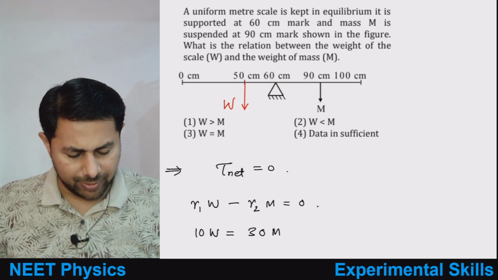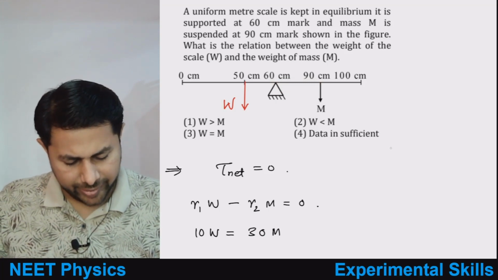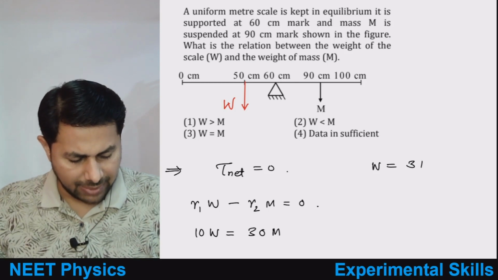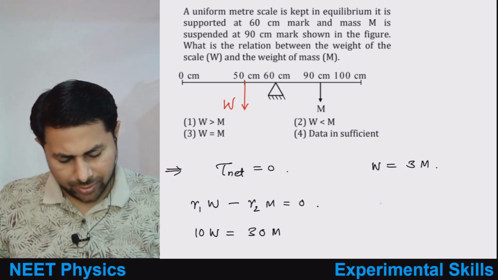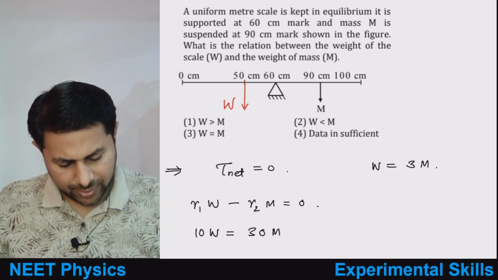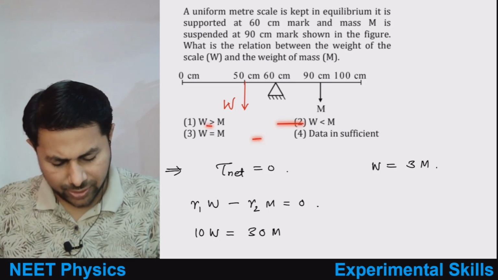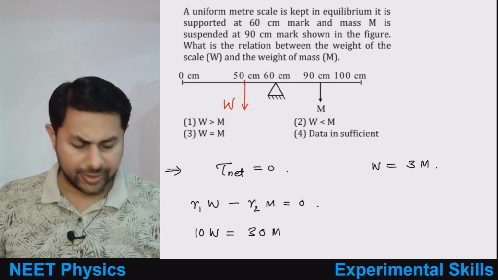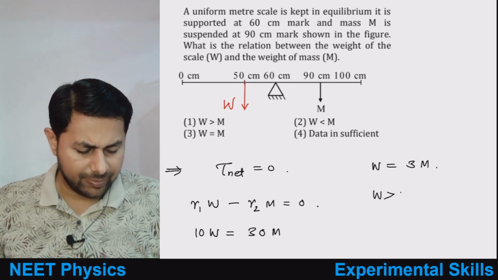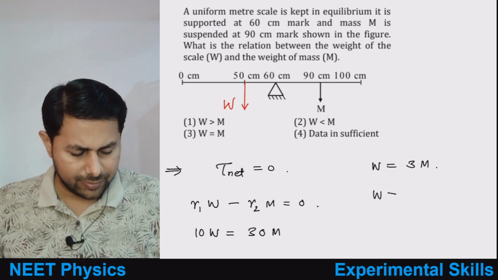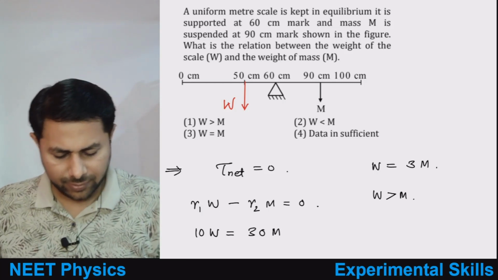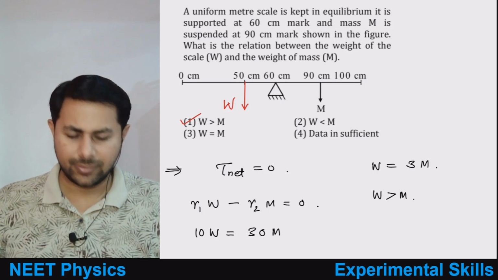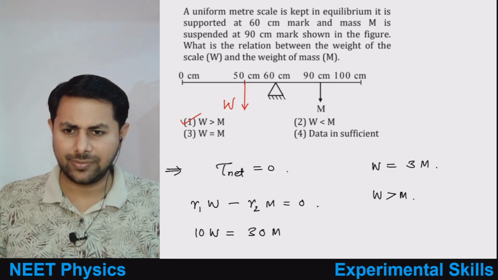So 10 times W is 30 times M, and therefore W is equal to 30 by 10, which means 3 times M. They have not given the values, they are asking whether it's greater, less, or equal to M. So it's definitely greater than M. This one is clear.